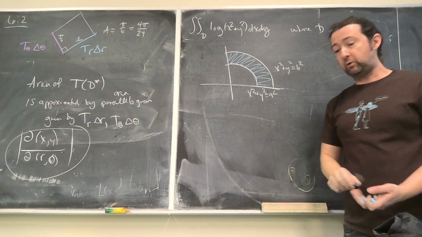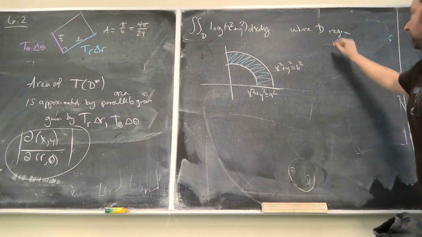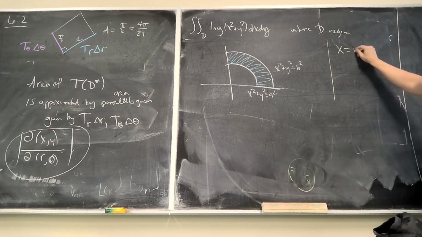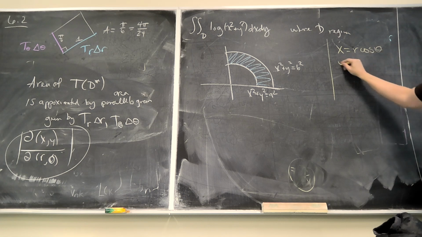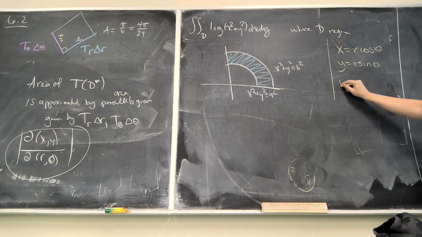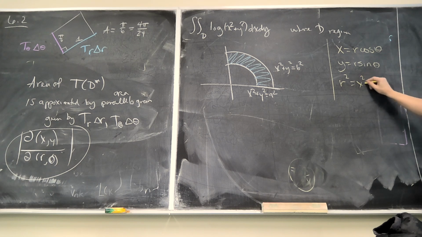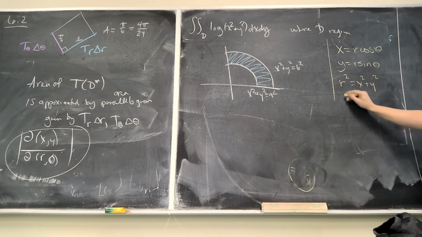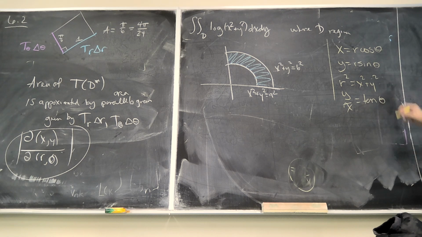And if you remember from your polar coordinate days, you get the transformation in one way looks like this, and the transformation in the other direction says r squared is x squared plus y squared. And then if you see a y over x, you can replace that with a tangent of theta, making sure the domain of your tangent is set up correctly. So this kind of gives you the back and forth that you use.